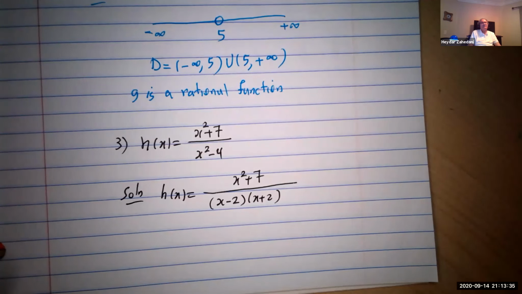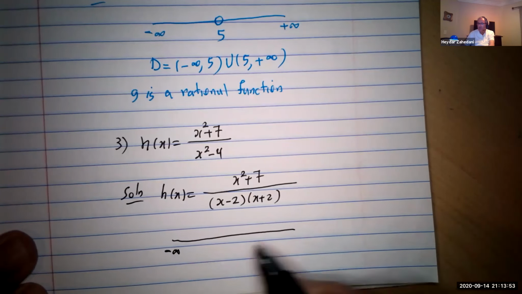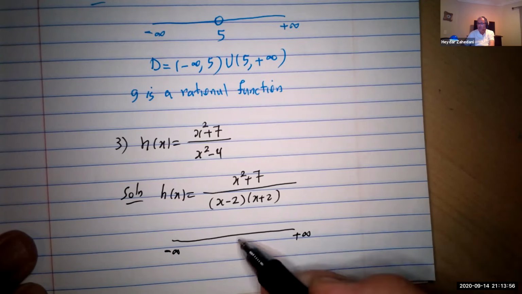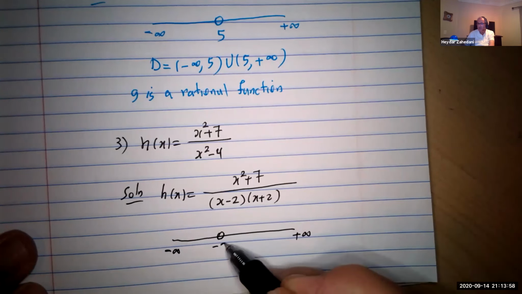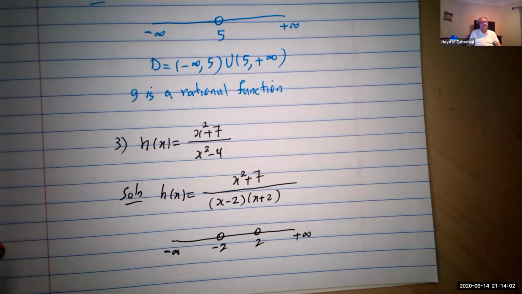You see now, we have two factors, x minus 2 and x plus 2. So the first one would be 0 at 2. The second one would be 0 at negative 2. So we have two numbers to exclude this time, okay? So this is your number line from negative infinity to positive infinity. You have to exclude the negative 2 and you have to exclude the 2, because the denominator is going to be 0 at these two places.